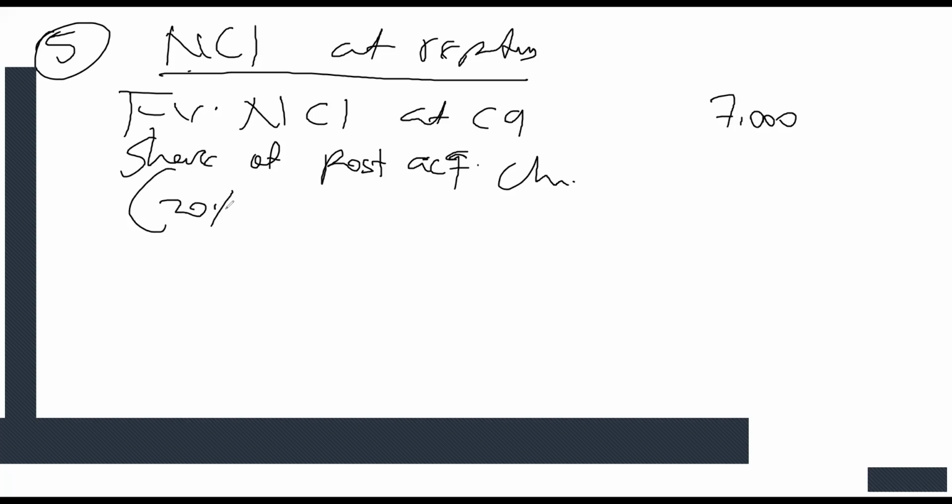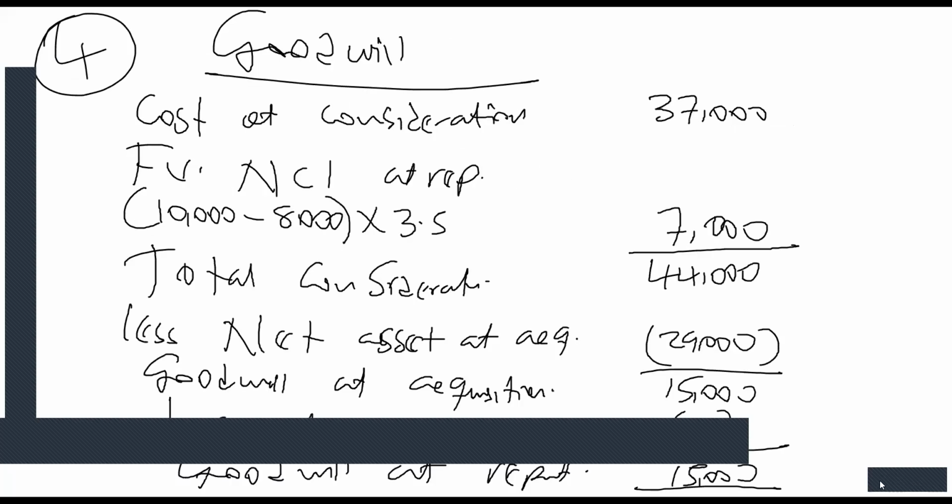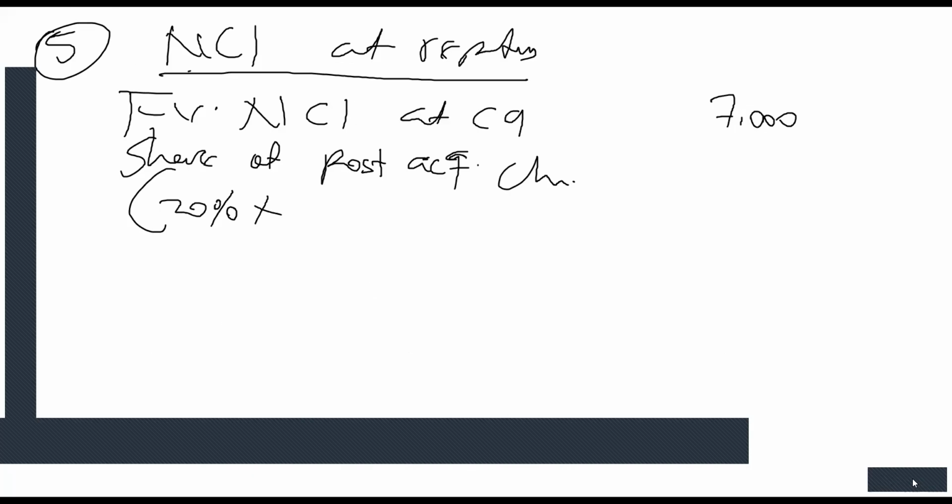Open a bracket 20% times 4,500. What do you get? You get 900, right? Good. So you get 900.